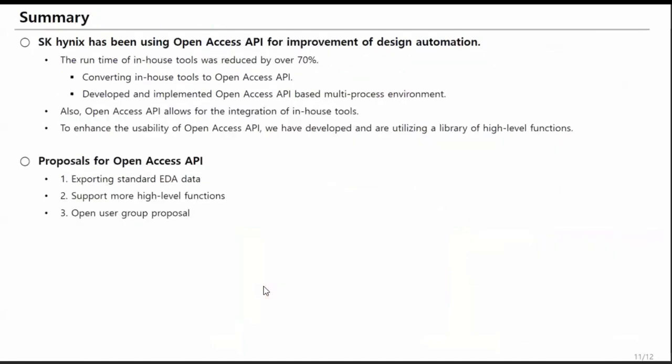Here is the summary of today's presentation. SK Hynix has been improving its design environment by utilizing OpenAccess API. By converting existing in-house tools to OpenAccess API and developing a multiprocessing environment, we achieved a reduction in runtime by over 50% to 70%, and direct access to the design database has enabled integration between in-house tools.